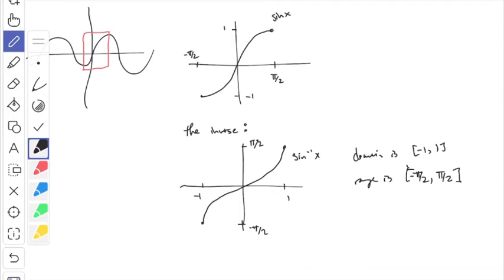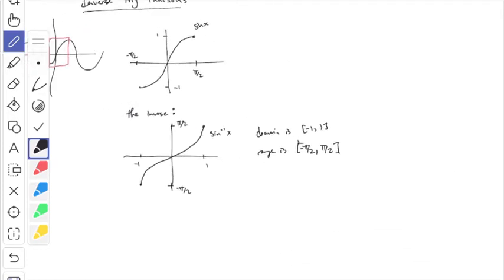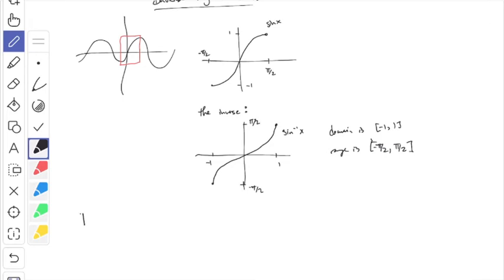So this is sort of a picture of it, but if you want to be technical, the definition is that when x is in the interval minus 1 to 1, this is the only time when you're allowed to do the inverse sine, inverse sine of x equals y. This means that sine of y equals x. It's the inverse of the sine function. You can only do it when x is from the interval minus 1 to 1.